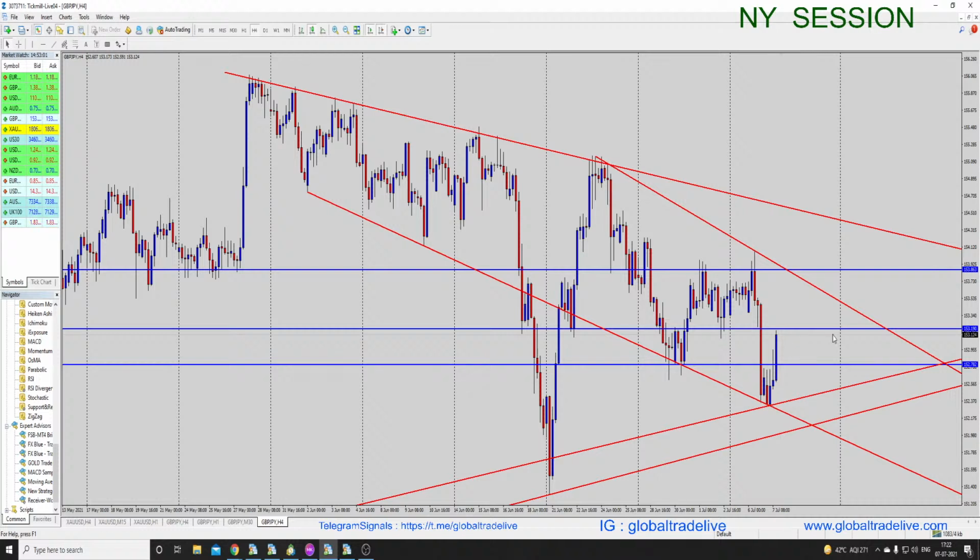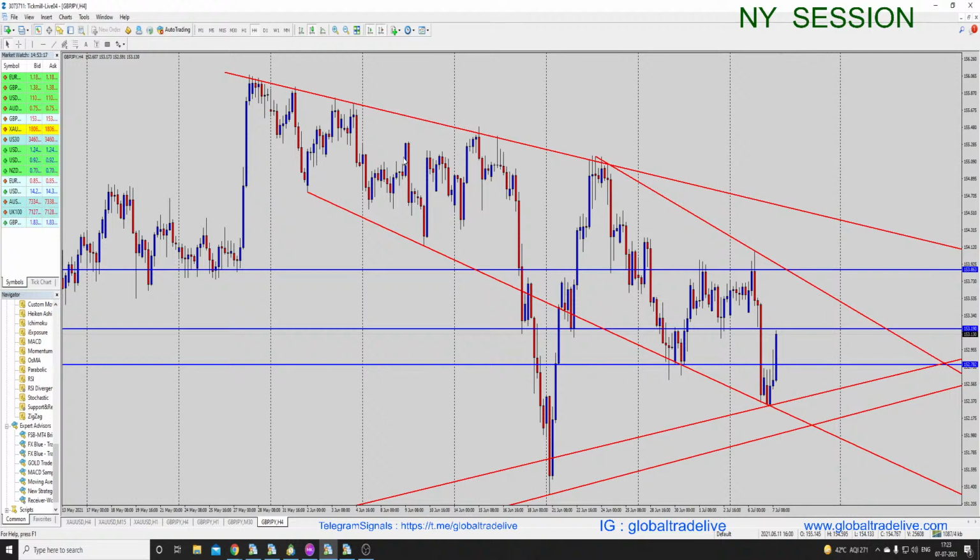Yeah, what I think is it should go up a little bit, touch this trend line, and after that it should give us this move over here. So that will be a downward selling move.